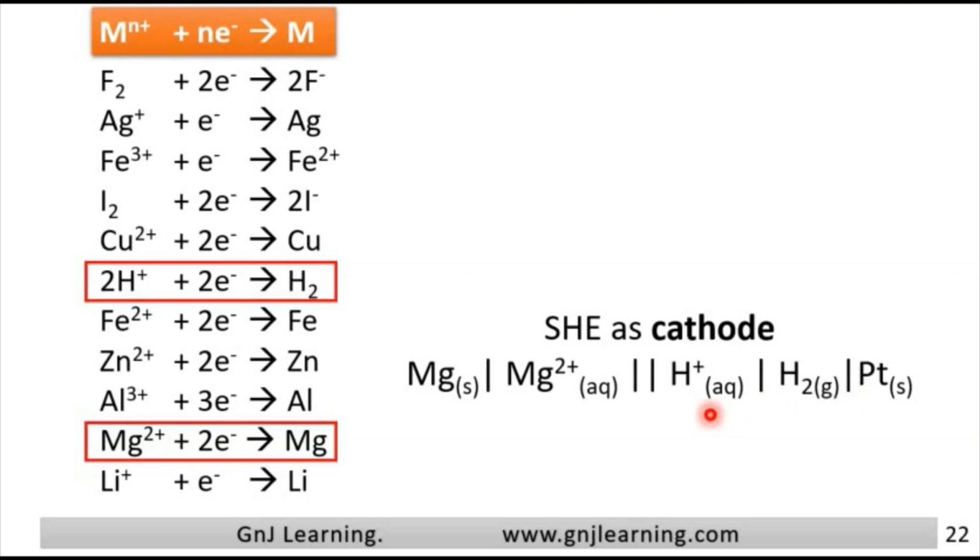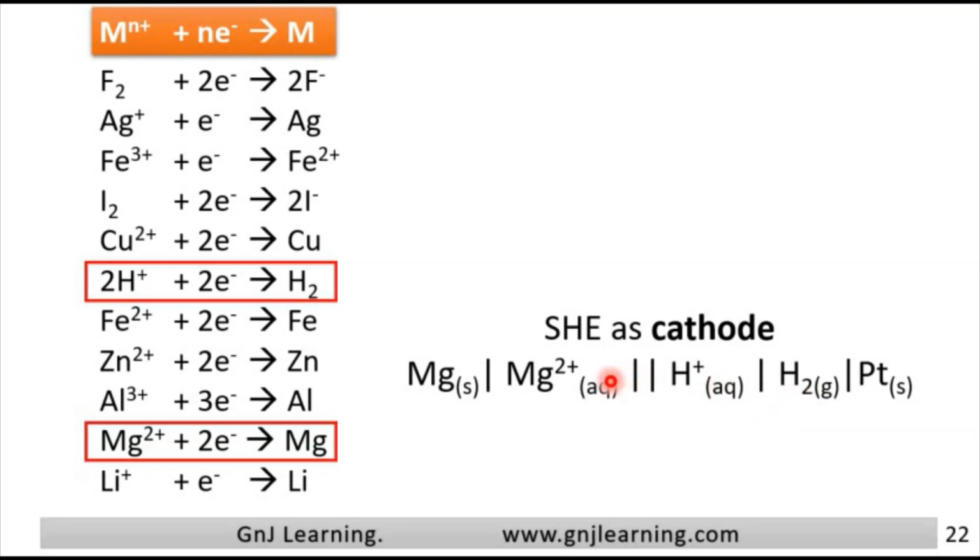In the cathode, H+ is reduced to H2, but H2 cannot stay by itself, it is supported by an inert electrode. So the inert electrode is written at the end. Why? Because the surface is shared by the reduced part, not by the oxidized part. So platinum should share the surface with H2.